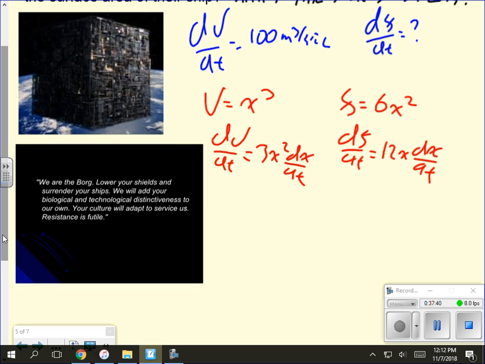Okay, so dV/dt, this is 100, equals 3 times 25 squared dx/dt. So I need to calculate for this one.